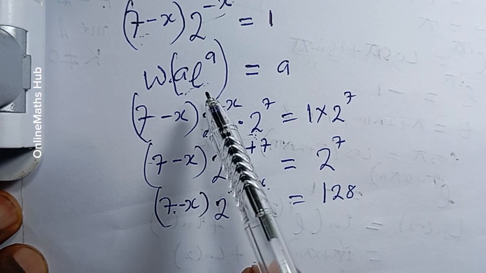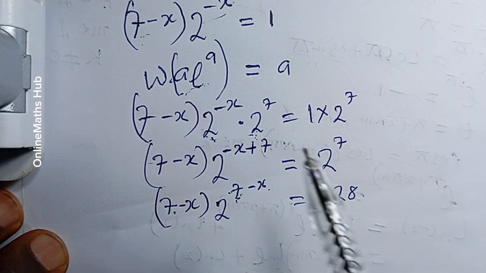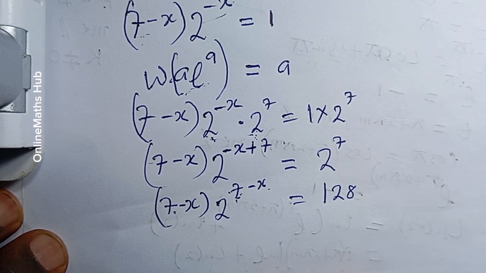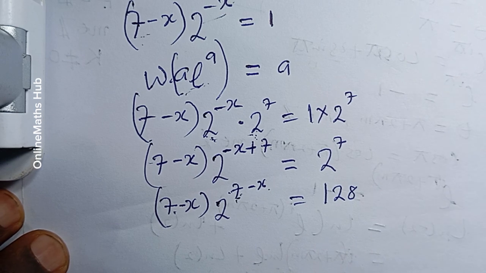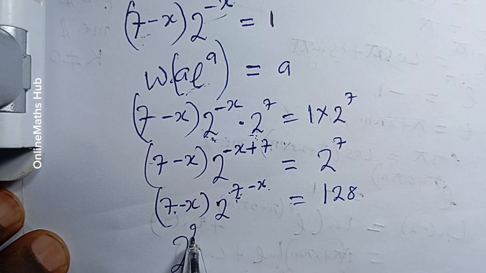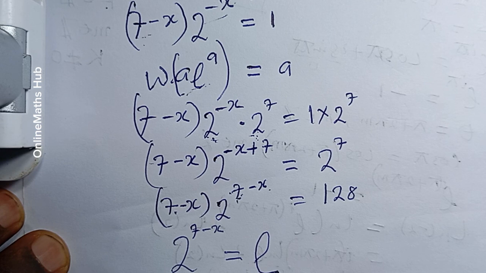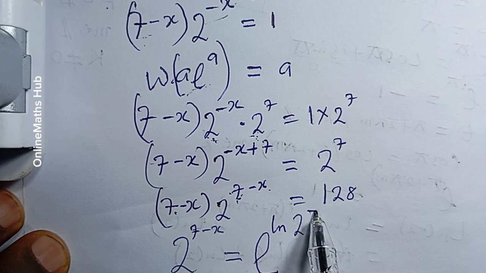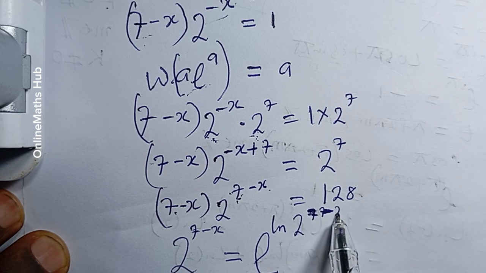But then we also want to introduce this exponential sign right here so that we can go ahead to apply the Lambert W function. Okay, and it's pretty simple for you to see that we can rewrite this 2 power 7 minus x as equal to the exponential of the natural log of 2 power 7 minus x.